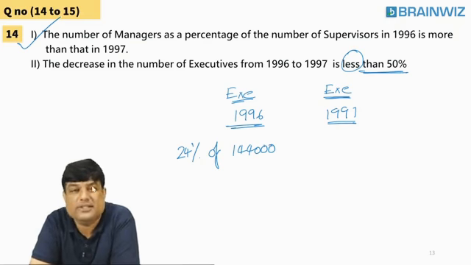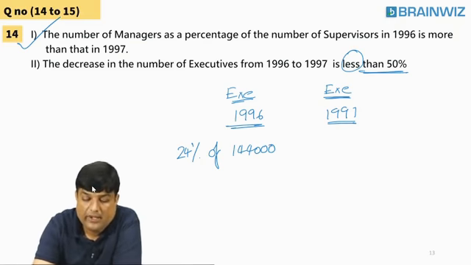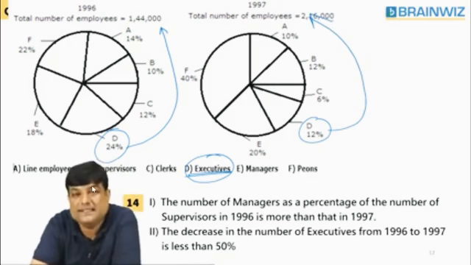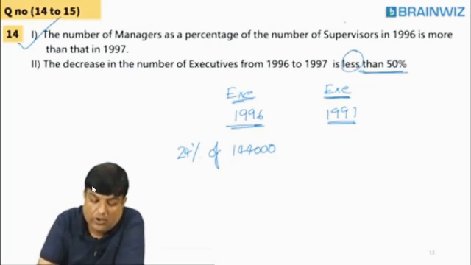These are the executives in the year 1996. Let's find out the executives in 1997. Executives are D, 12% of 2,16,000.